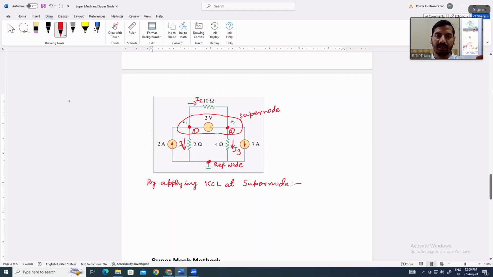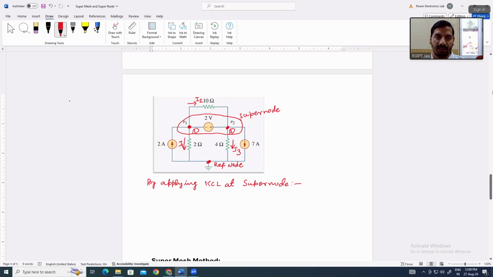So by applying KCL at the super node, this whole node will be considered as a super node. As we saw in the previous lecture, the terminals of this element have the same voltage as per the super node, so we will not consider it as an incoming or outgoing current.